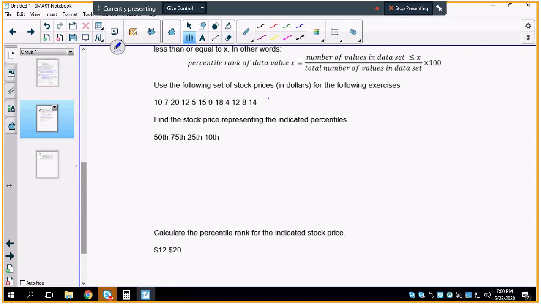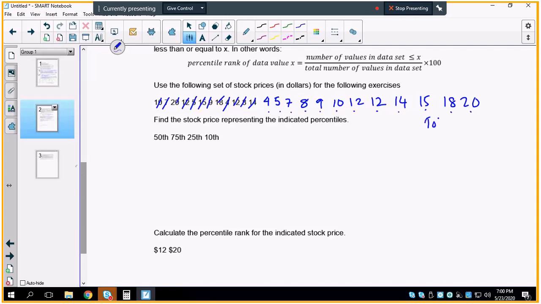The lowest stock price is 4, then I have 5, 7, 8, 9, 10, then two 12s, and I have 14, 15, 18, and 20. So how many total data do we have? We have 1, 2, 3, 4, 5, 6, 7, 8, 9, 10, 11, 12.